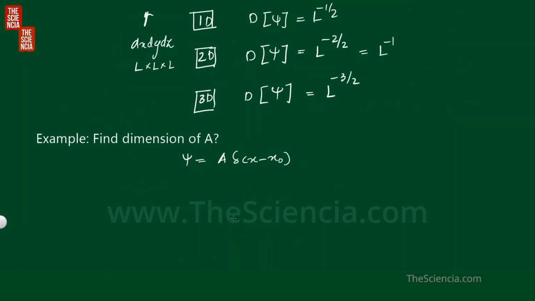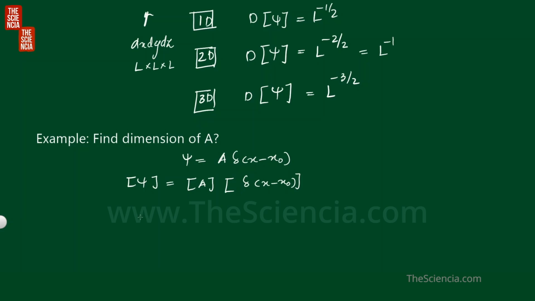Let us consider one example problem. Here a wave function is given, psi equal to a times delta of x minus x0, and the question is to find the dimension of a. We take the dimension of psi equal to the dimension of a times the dimension of delta of x minus x0. This is a one-dimensional wave function because delta is a function of x only.